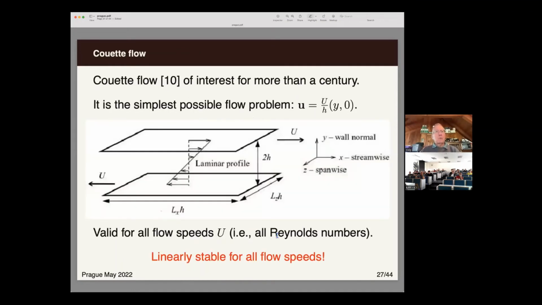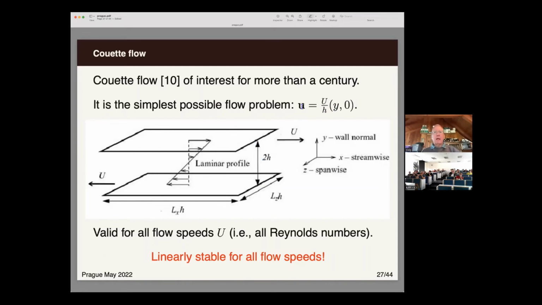So Couette flow is the following. You have two plates moving parallel like this, and the flow in between them is a simple laminar profile that's proportional to the y variable, which is this variable here, and proportional to the speed u, and divided by the height here, which is 2h.